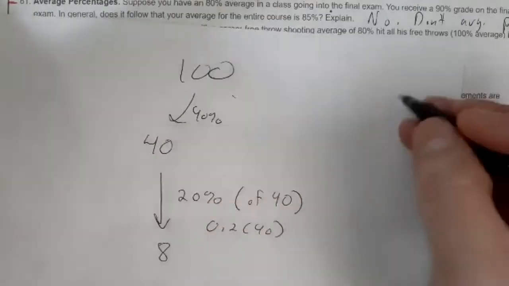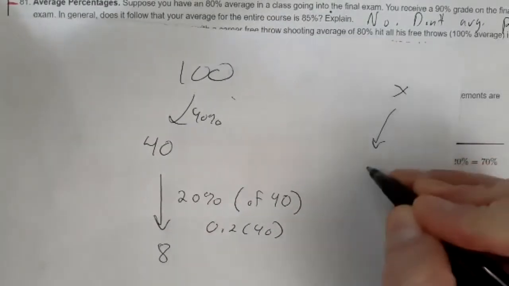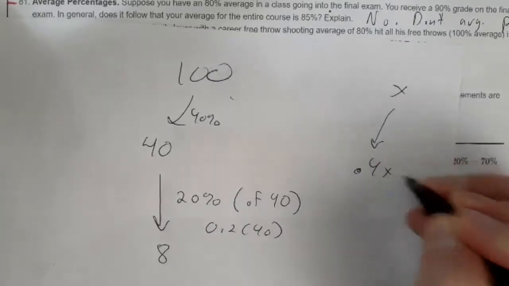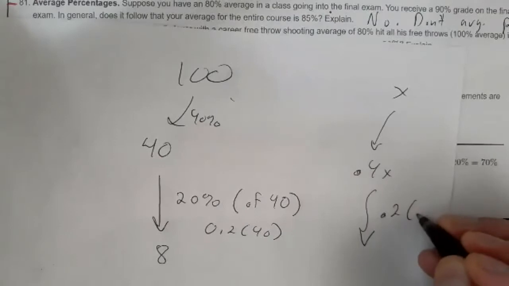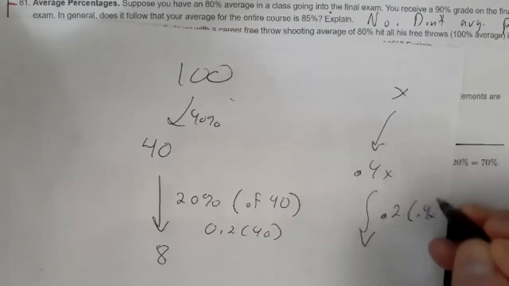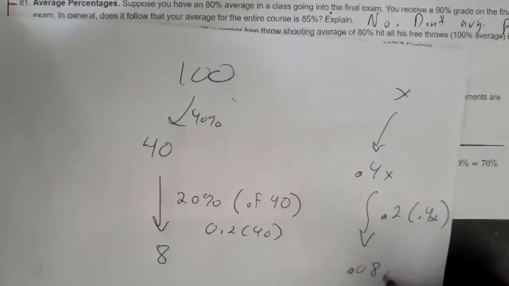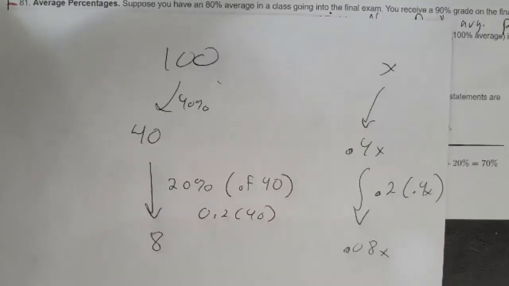I guess we could do it with X, algebraically, with a bunch of X's, you could do it. But this is a correct formula, the way that they're doing this and the way that this is set up.